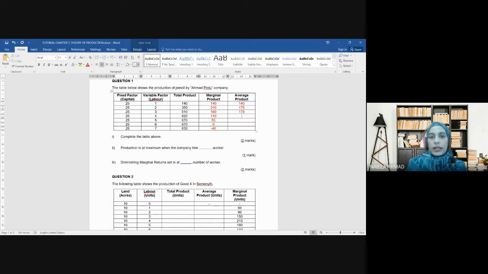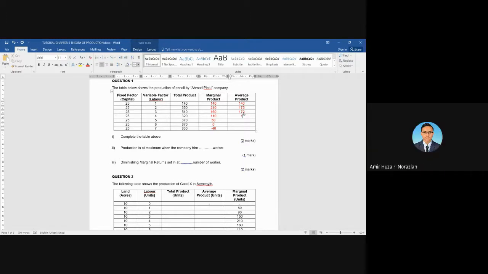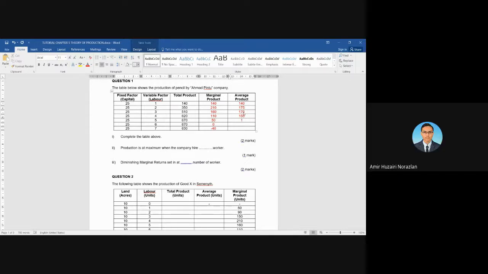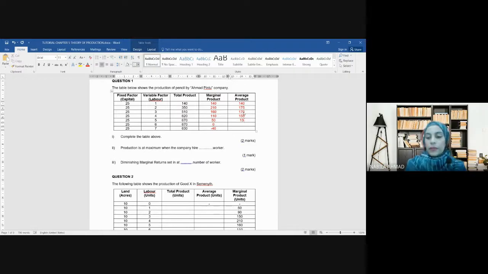Okay, good. 620 divided by 4. 155. And then 670 divided by 5. 134. And then 670 divided by 6.